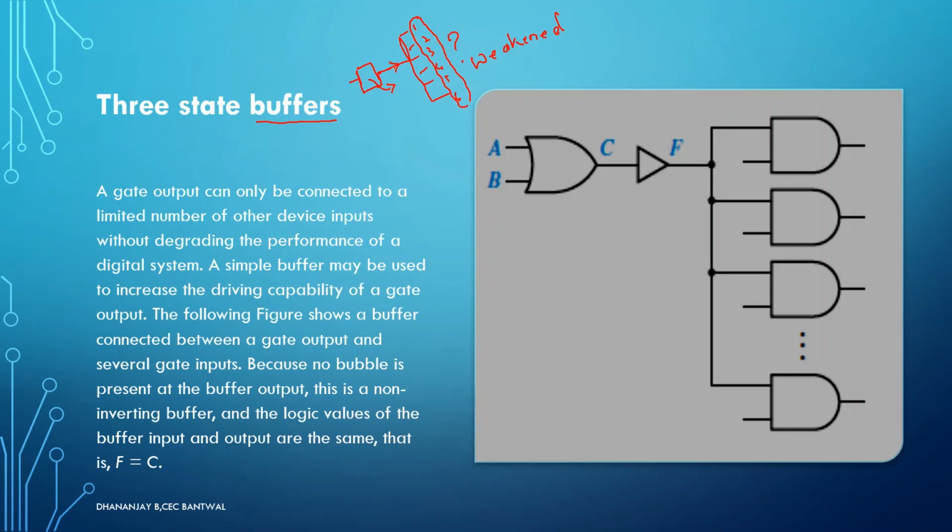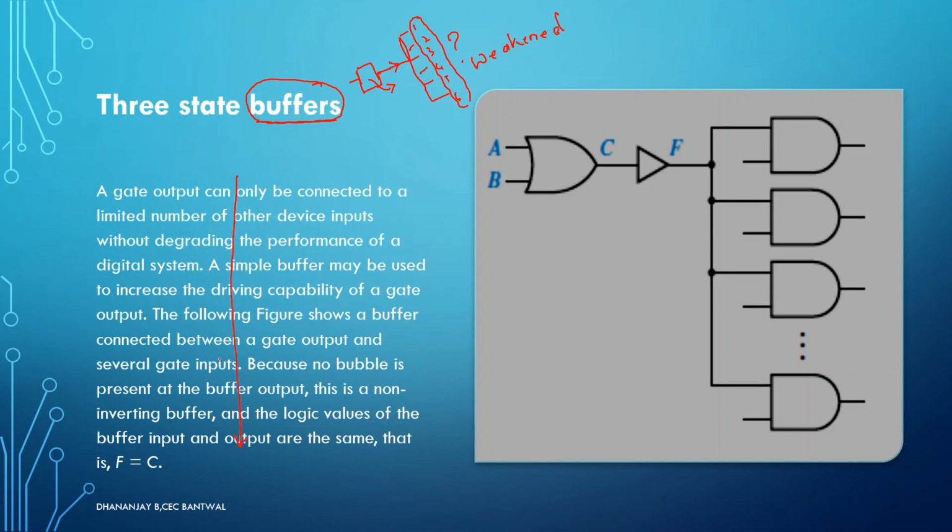So in order to increase the drive capability of a music system, you connect an amplifier. In order to increase the driving capability of the digital circuit, I use something called buffers. That is what has been explained here.